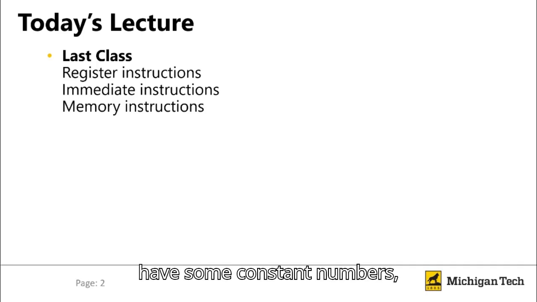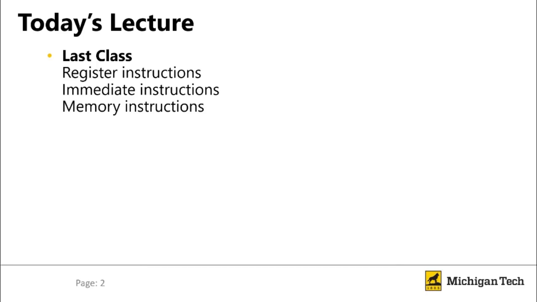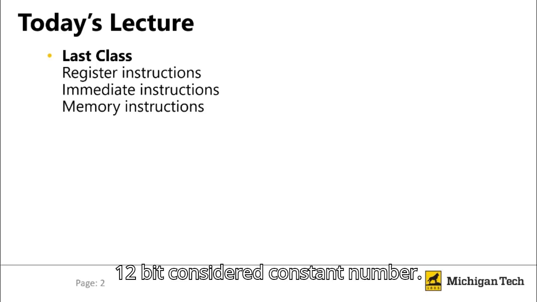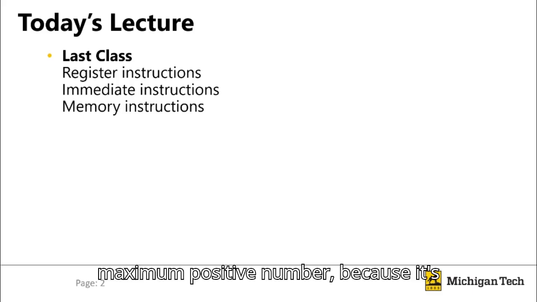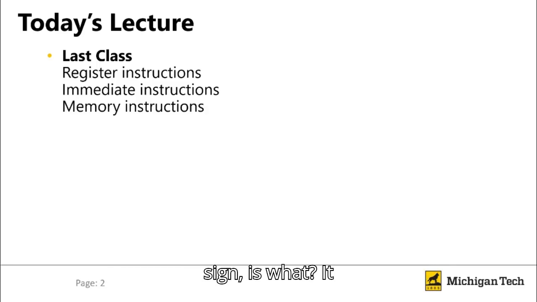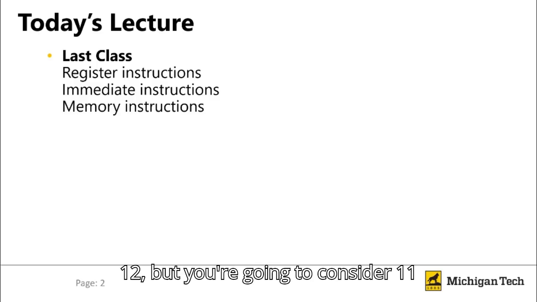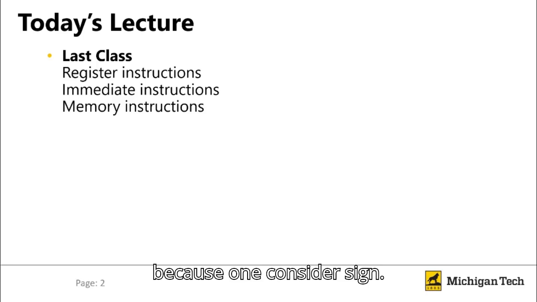You can have some constant numbers, 12-bit constant numbers. So the maximum positive number, because it's signed, is what? It was your quiz. Yes, exactly. It's 12 bits, but you're going to consider 11 because one is for the sign.